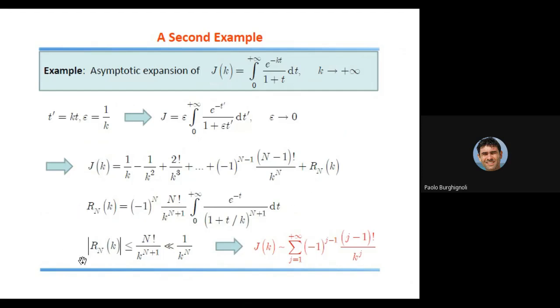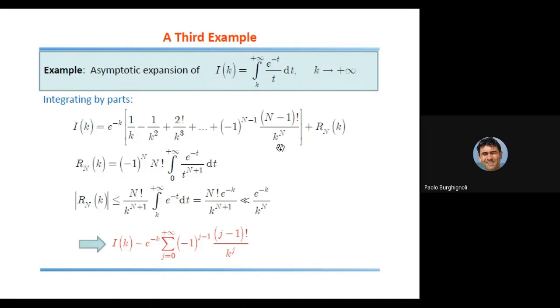You will discover that the absolute value of the remainder is much smaller than the last considered term, 1 over k to n. So this, by definition, is an asymptotic expansion. And we can use the symbol tilde to say that our function j is asymptotically represented in terms of this series, which is a series of inverse powers of the large parameter k.